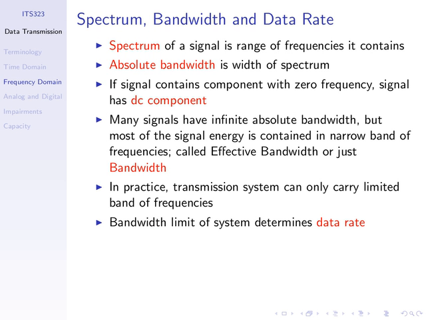Sometimes called the effective bandwidth, or we will just refer to it as bandwidth. So absolute bandwidth is more a theoretical concept. When we hear of bandwidth in practice, it means the real width that the signal contains that is transmitted. It's not easy to calculate what this is. We cannot define what the real bandwidth is, but it's a value of interest to us.